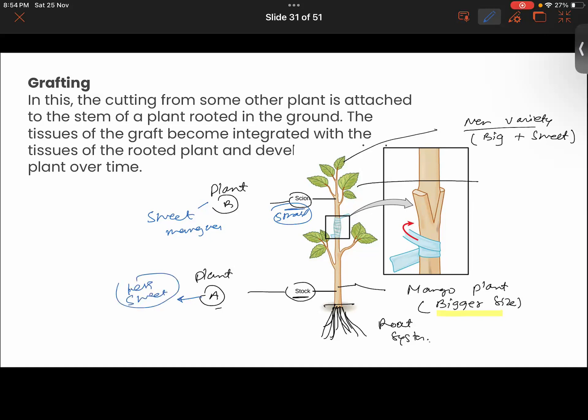Now when I joined the two plants, their properties are combined together, so the mangoes will be bigger in size and sweeter also. Are you guys getting it or not? Yes, sir, we got it.